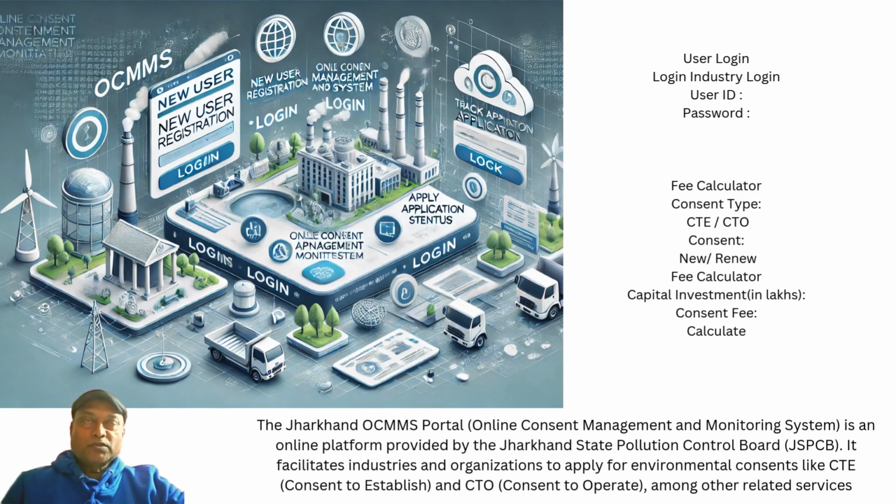The first step is registration on the OCMMS portal. For this, the industry has to visit the official OCMMS portal. OCMMS is the online consent management and monitoring system of the Pollution Control Board where the industry is going to be established and operate. Now, for this, you have to register yourself. If you are a new user, you have to register yourself, and the following details will be required: name of the industry, email ID, mobile number, address of the industry, and industry type.